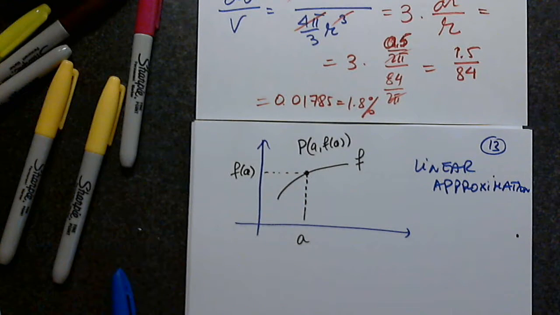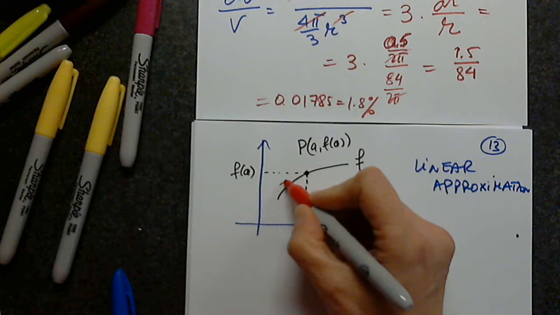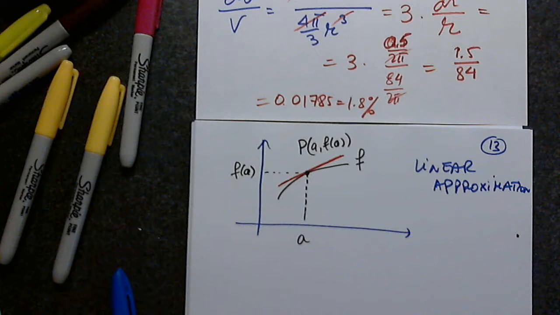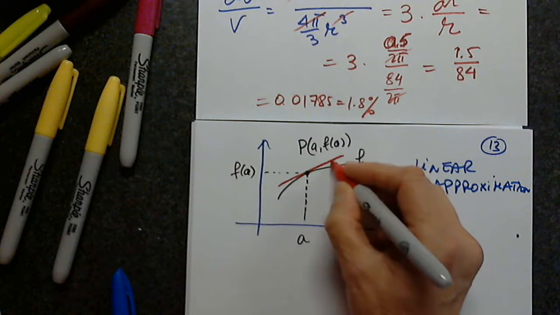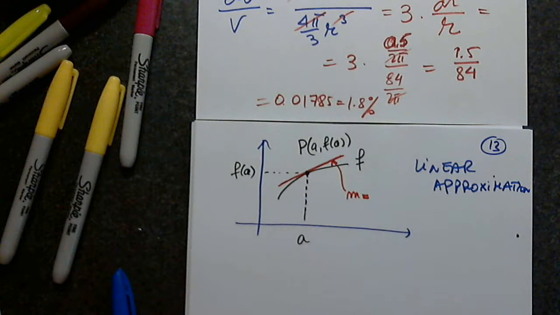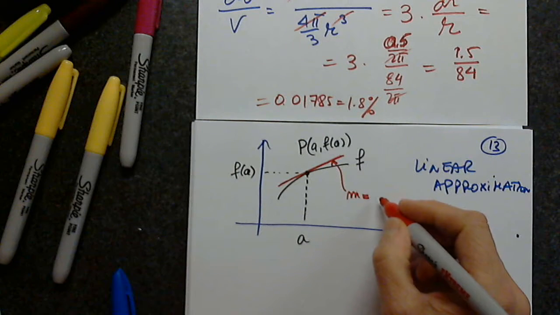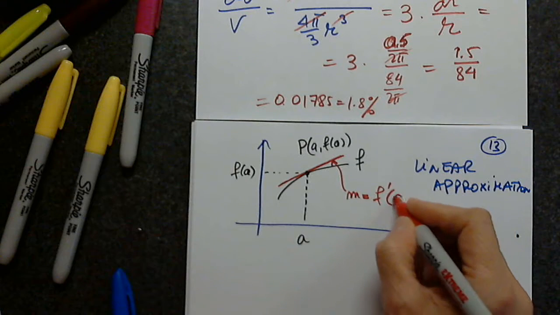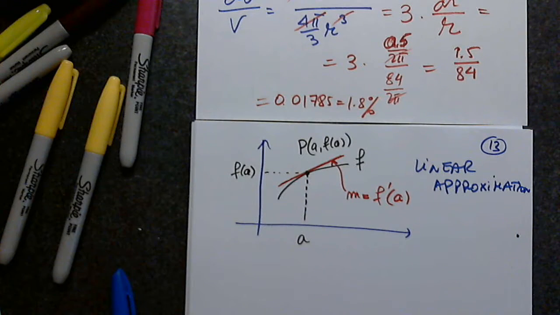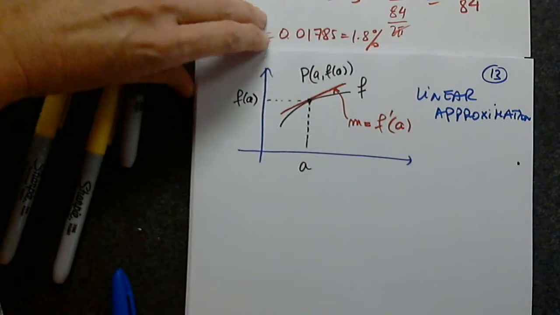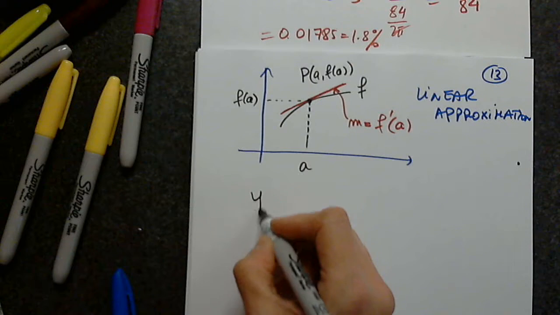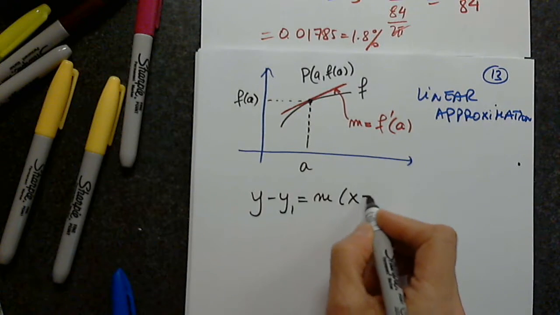I am going to draw the tangent line. Can anyone give us the slope of the tangent line at P? Yes? Okay. Very good, awesome. So now I would like you to give me the equation of the line, y minus y1 equals the slope times x minus x1.